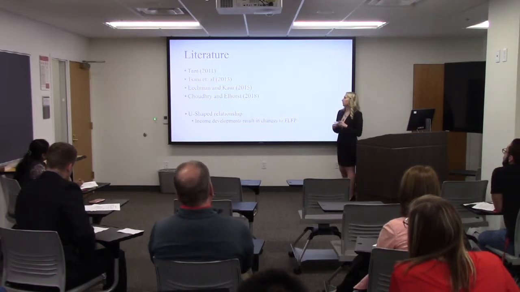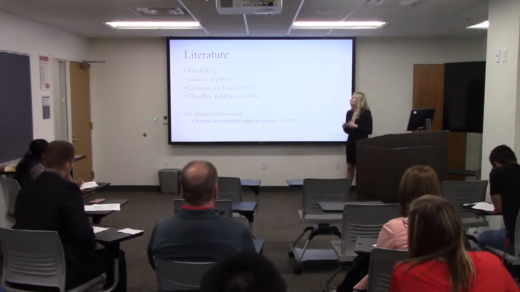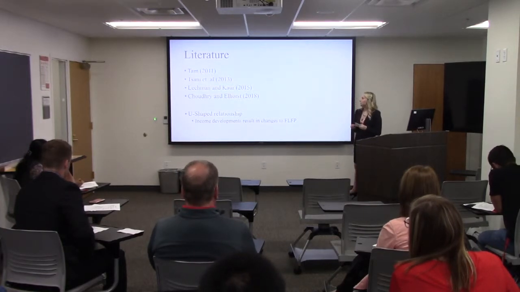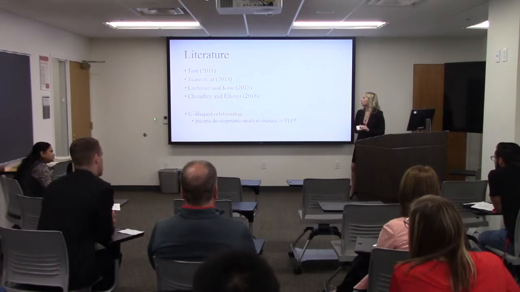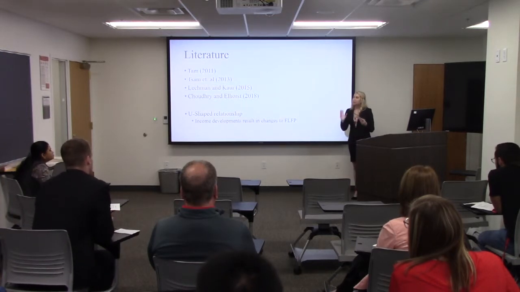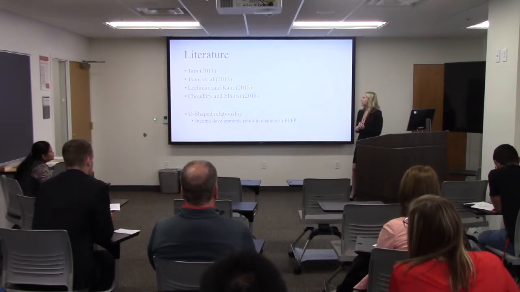And then the Chowdhury and Elhorst paper looked at 40 countries from 1960 to 2005, and they did a similar analysis where they broke it up by age group too, and they found that the results were the same for all different age groups. So what the literature is telling me to expect was that changes in income do affect female labor force participation rate in this U-shape.